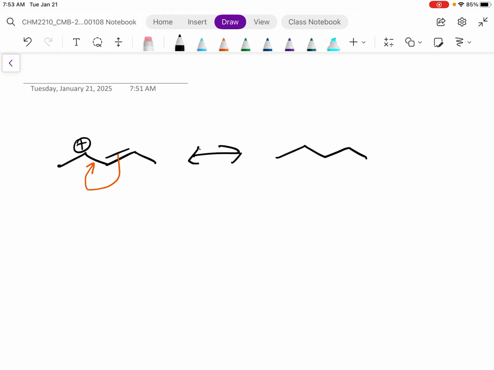So what am I doing? I'm taking these 2 electrons in that pi bond. And where am I moving those 2 electrons? The arrow says I'm going to put them right there. So is that valid? Okay, is what I drew, that second resonance structure, correct?